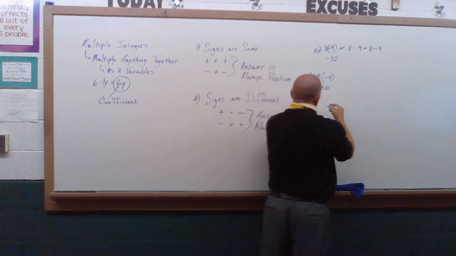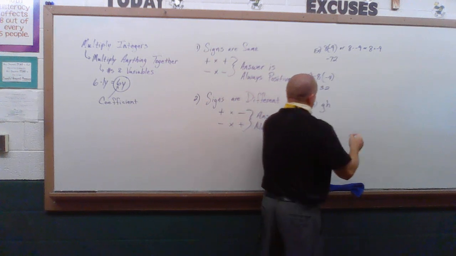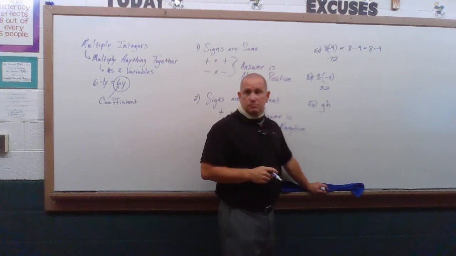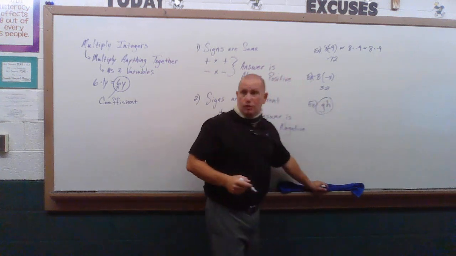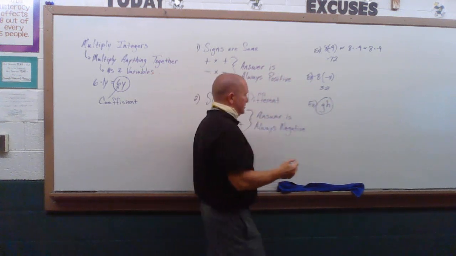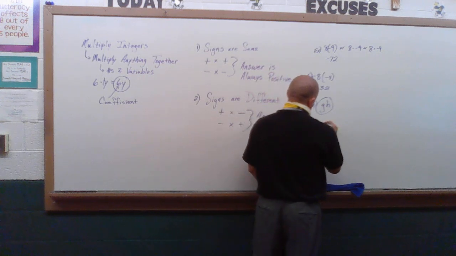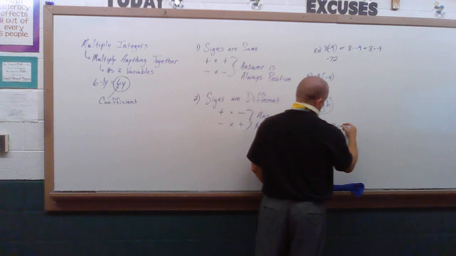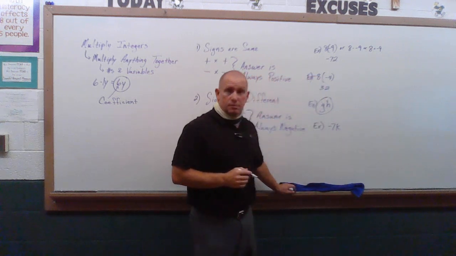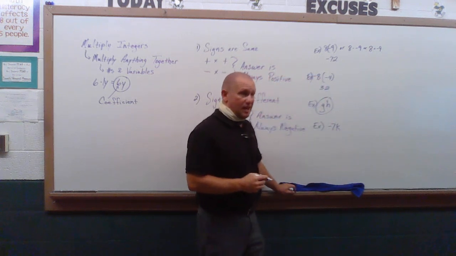And again, it doesn't matter. So, what's G times H? That's the answer. This is my answer, right? So the problem is the answer in that case. Exactly right. If I have a number, -7 times K, -7K. That's my answer, right?